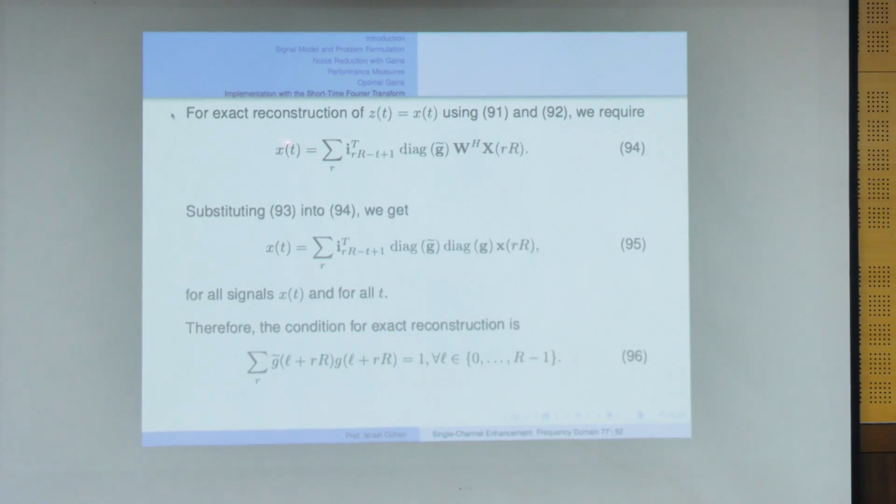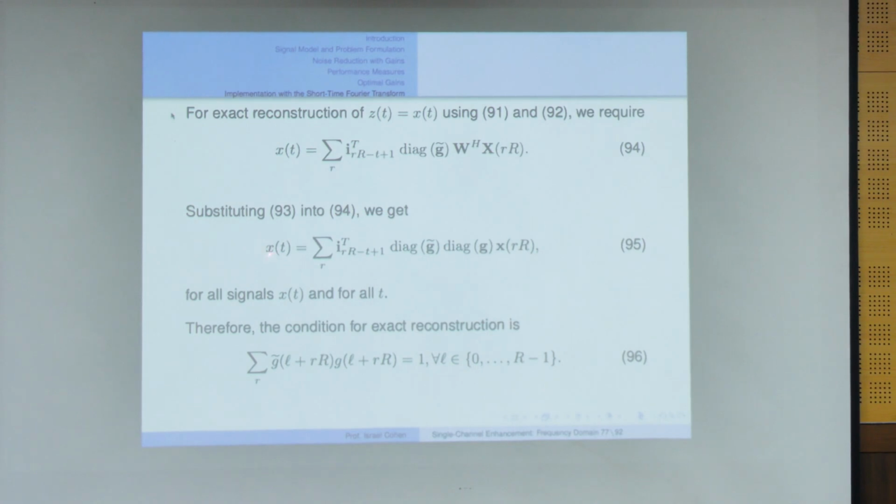Now suppose that we want to reconstruct the original time domain signal from the STFT signal. So we apply the inverse DFT, we multiply with the synthesis window, and this is the overlap and add. Okay, we take the signals, we move it by R samples, and this is the overlap and add.